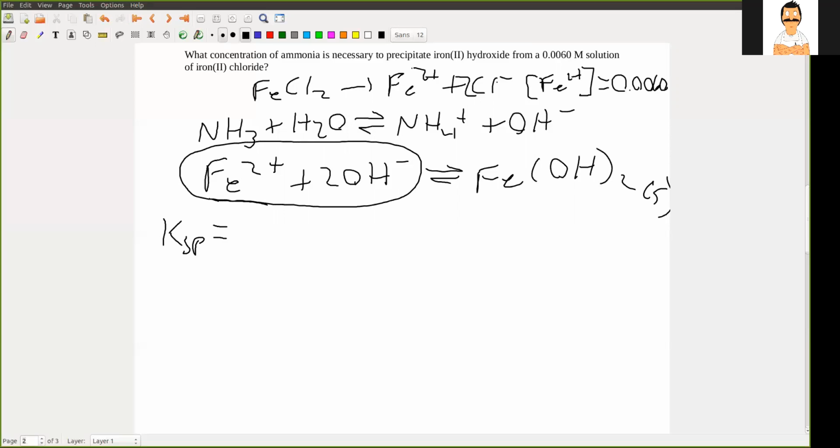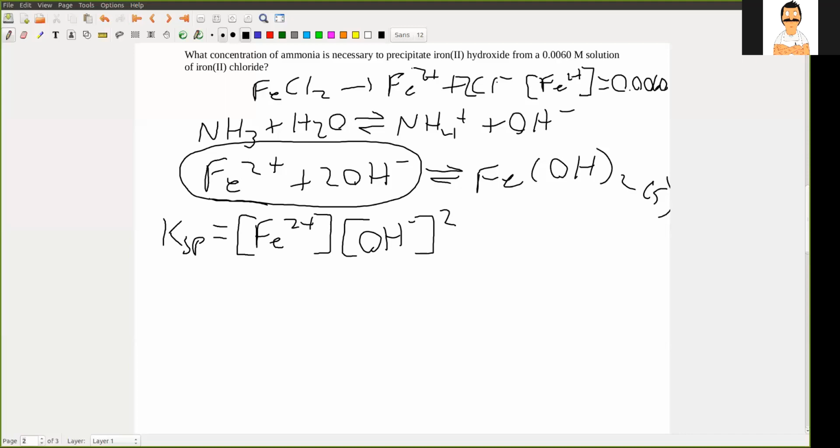So Fe2 plus times OH minus raised to the power of its coefficient, so that's 2. That's the solubility product equation for iron 2 hydroxide.